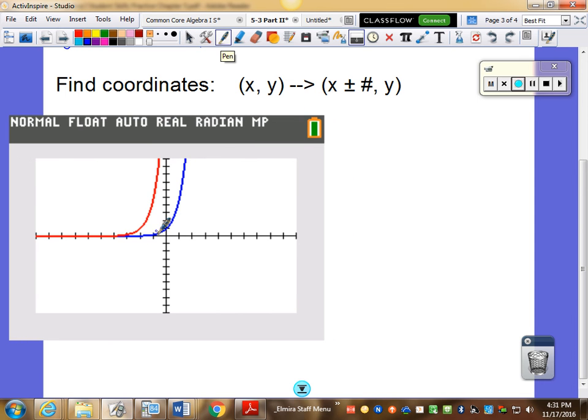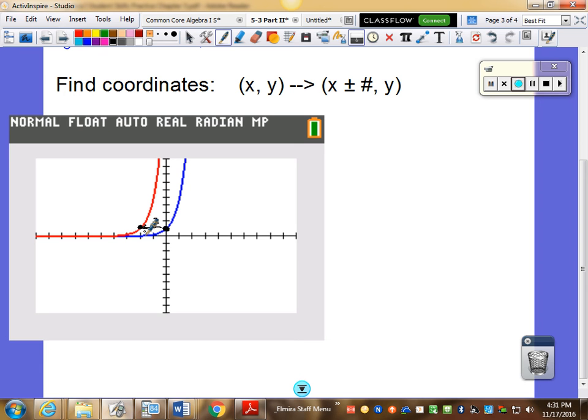Okay, so the blue function represents our original function, and let's just look at this point right here. I'm going to make it a different color so it stands out. All right, we'll just pick the y-intercept. We moved over 2 to the left, okay?